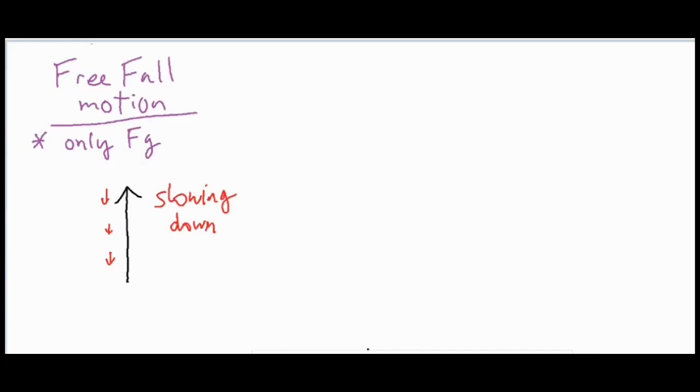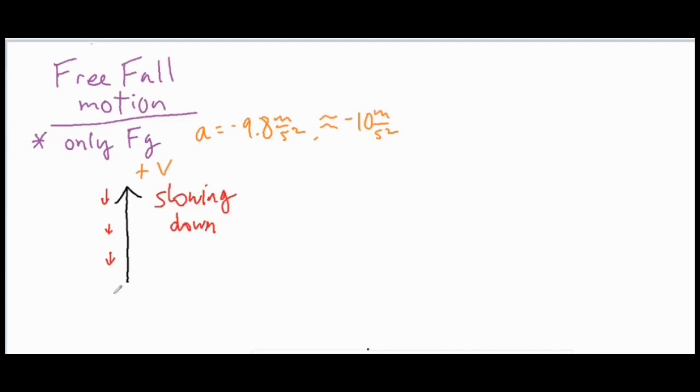So if something is moving upwards and it has a positive velocity, and then it has a downward negative force acting on it, then it's definitely slowing down. Now, the acceleration due to gravity is negative 9.8 meters per second squared, that it's sometimes rounded off to negative 10 meters per second squared.